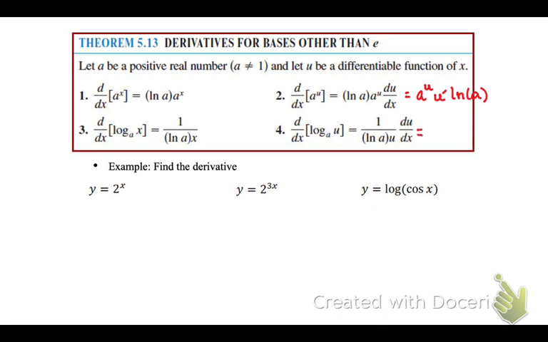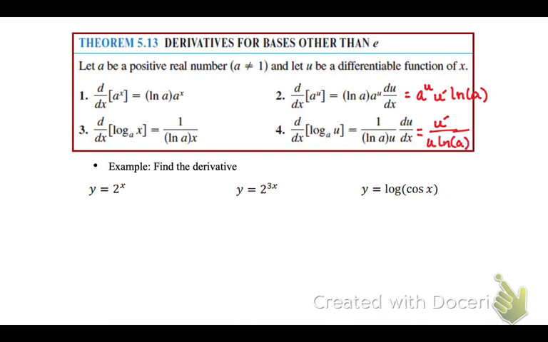Now, I'm going to write this like we would. How did we do with logarithmics before? We put u prime over u, correct? So let's make it similar to what we know. So it's going to be u prime, and the u prime came from du/dx, over u natural log of a.